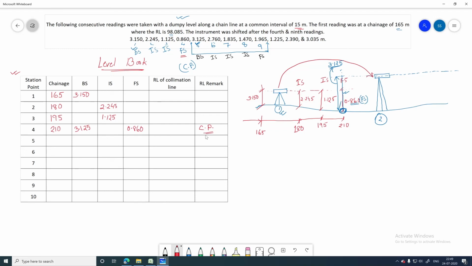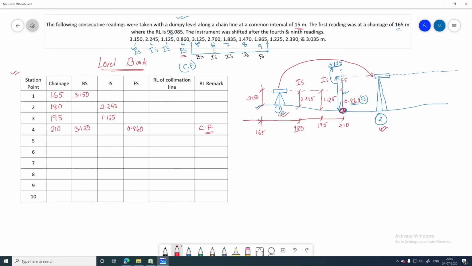Then we will understand that the instrument was shifted over here, and at this particular chainage we have taken the foresight reading as well as the backside reading, considering the two instrument stations. Now what other data is given?